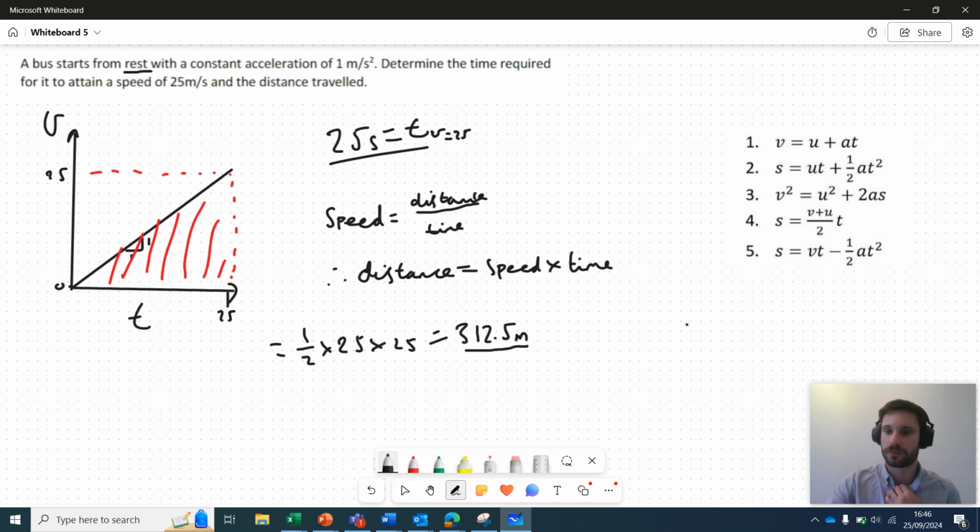Understanding the notation here, that u is equivalent to initial velocity, that v is equal to final velocity.